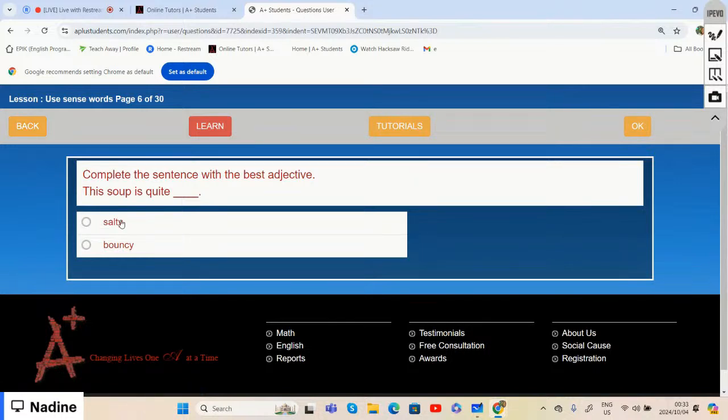The soup is quite salty. Option one, or do we say the soup is quite bouncy? Option two. Which one is correct?